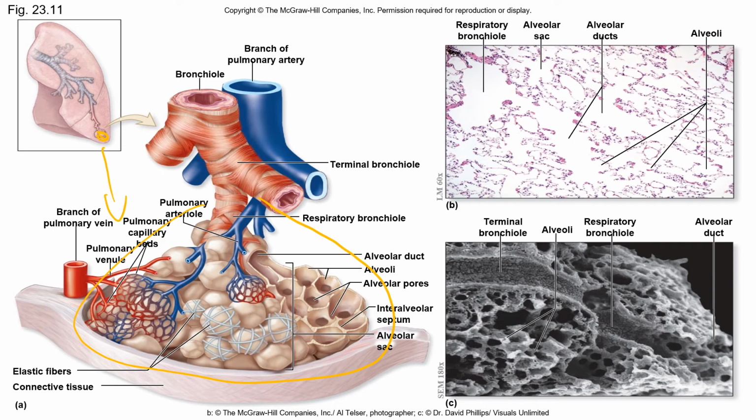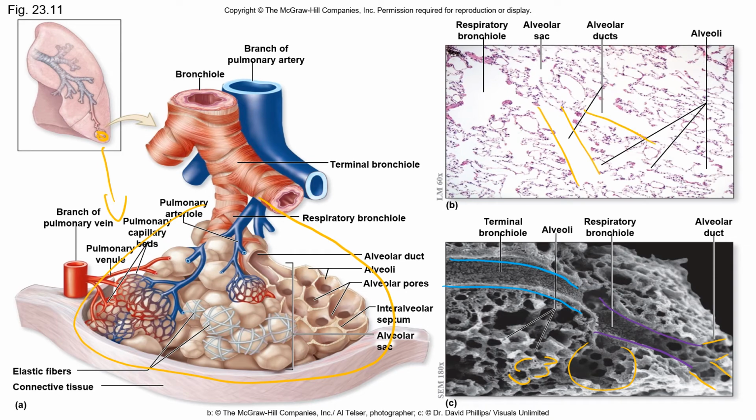And if we look with a microscope, we find that each of these terminal bronchioles opens into a respiratory bronchiole, and that those further open into alveolar sacs and alveolar ducts, and of course the individual air sacs known as alveoli.